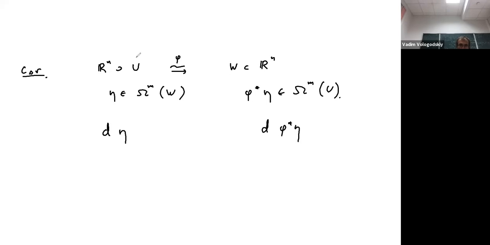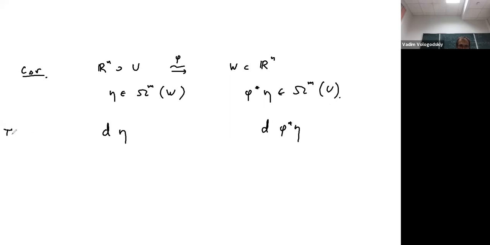A priori, this depends on the embedding of U in R^n; it is defined in terms of coordinates. U is an open subset of R^n, so we can apply the lemma and get an (m+1)-form on U, and an (m+1)-form on W.